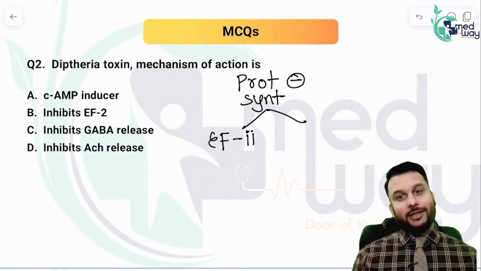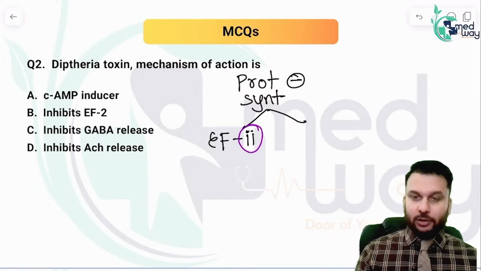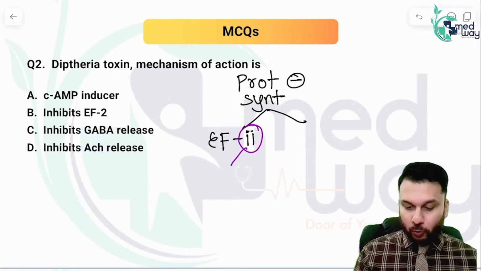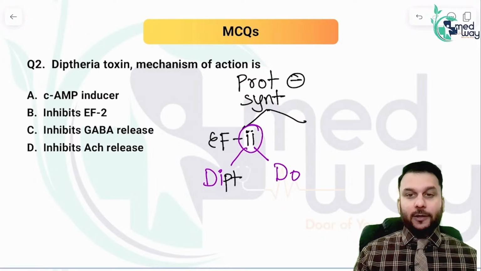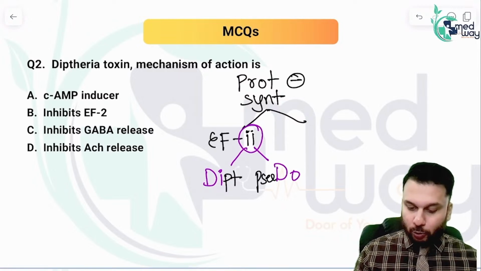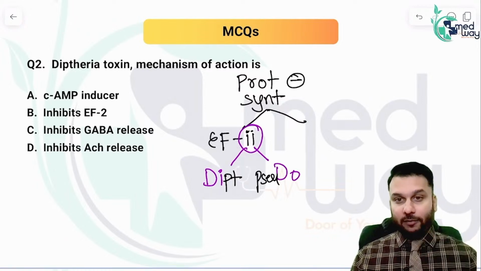The polypeptide chain cannot be made. So EF2, you can see number 2 here, and you are going to remember two words, di and do. What is di and do? Di for diphtheria and do for Pseudomonas. So these are the 2 guys that inhibit the EF2.